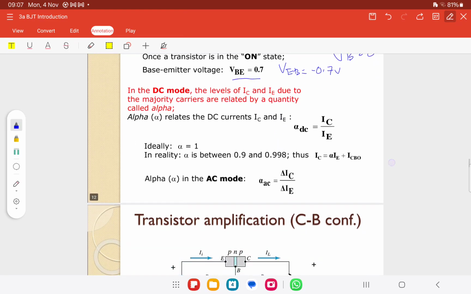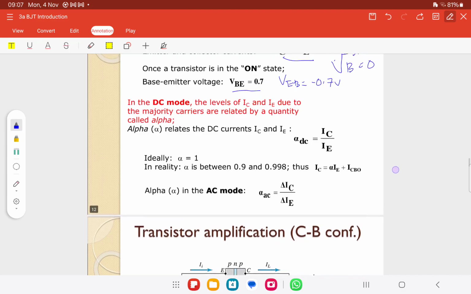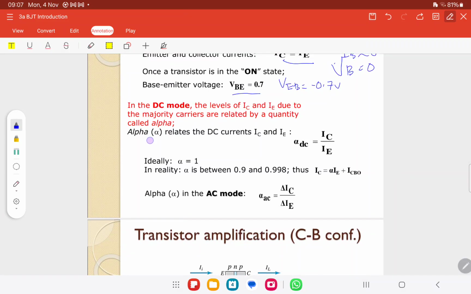Alright. So this one we want to relate with the alpha and beta. Alpha is the relation of DC current IC and IE. Alpha DC, kenapa dia ada DC? Sebab this one is during DC analysis. Okay. For AC mode in AC analysis, we have alpha AC.